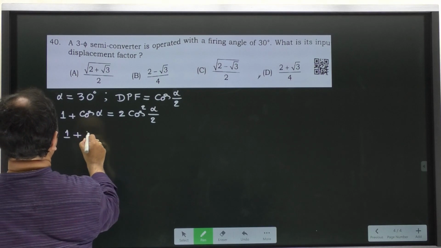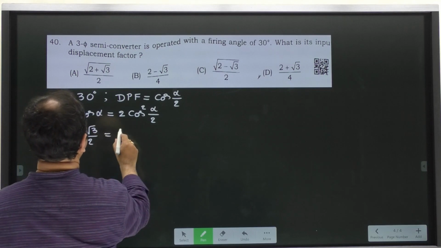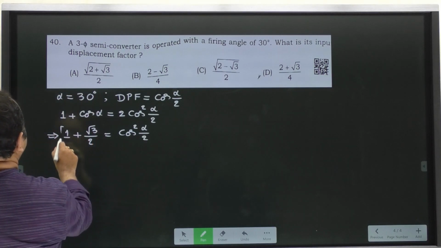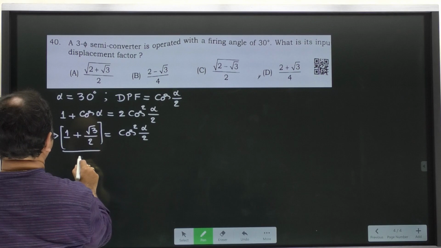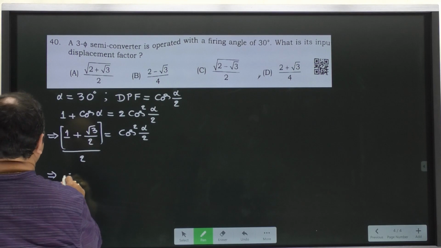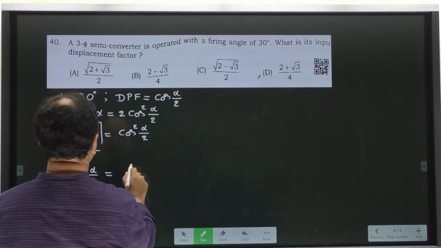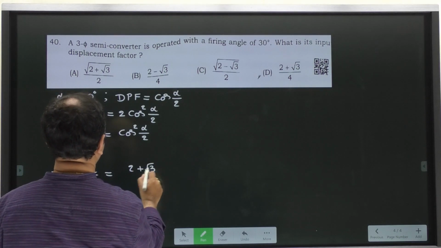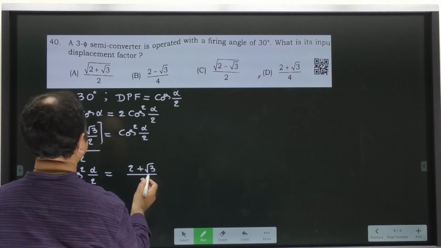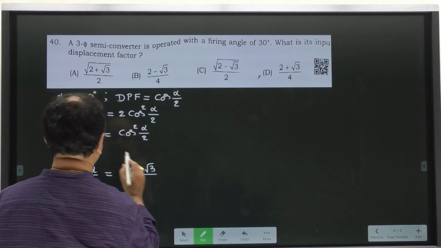1 plus cos 30, cos 30 is given by root 3 by 2, and hence on the right hand side I can take cos square alpha by 2, therefore I can divide with 2 on the left side. Therefore what is the simplification here? Cos square alpha by 2 is equal to (2 plus root 3) divided by, I am sorry, this is 4.